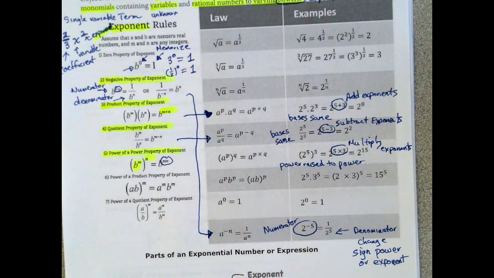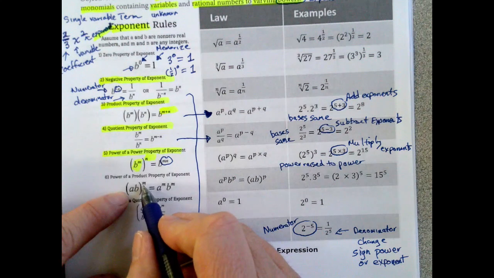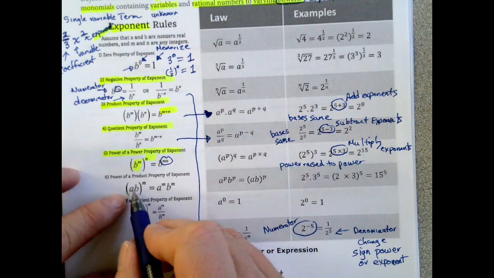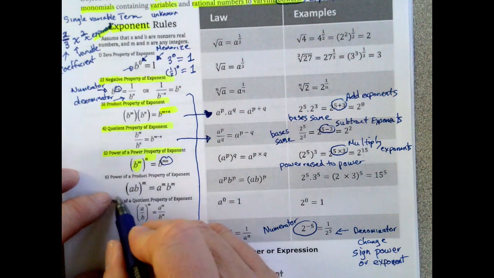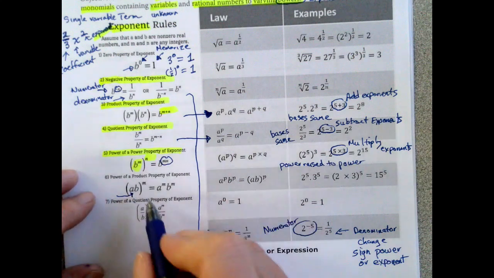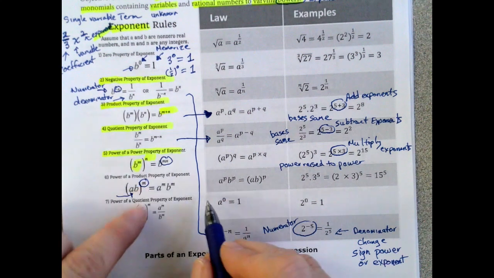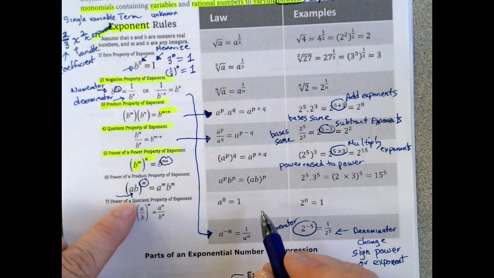Next rule. If you have several terms inside and they're raised to a power, each factor, I should say, instead of terms, each factor gets raised to that power. So you have two numbers multiplying. These guys are multiplying, and they're both raised to the power of m. Okay, so let's see that example.